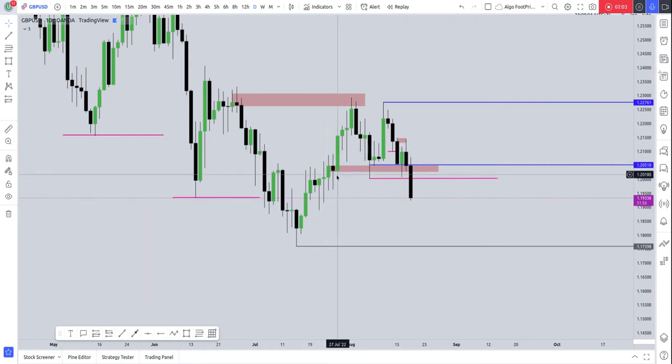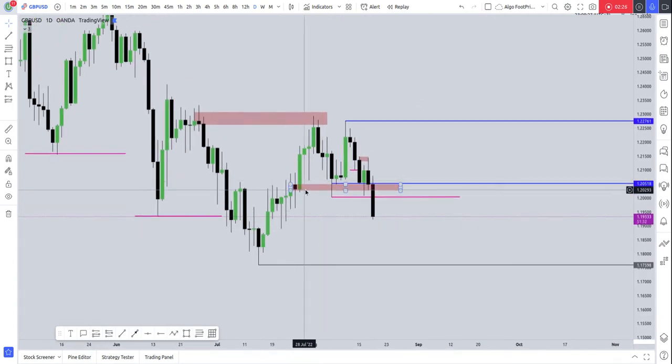This is an order block, and that's why when price came back, price was held up, a decision has to be made, either price to go up and take out this swing high or price to go lower.